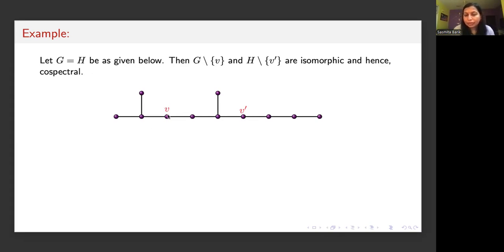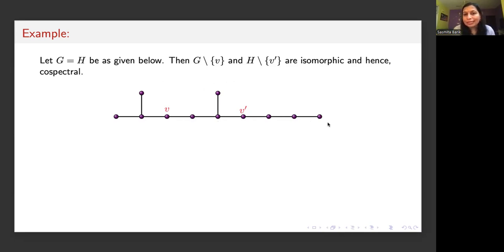If I delete v from G, you get a path of order 3 and one graph obtained from the path of order 6 by adding a pendant at one end. So these two graphs come out.